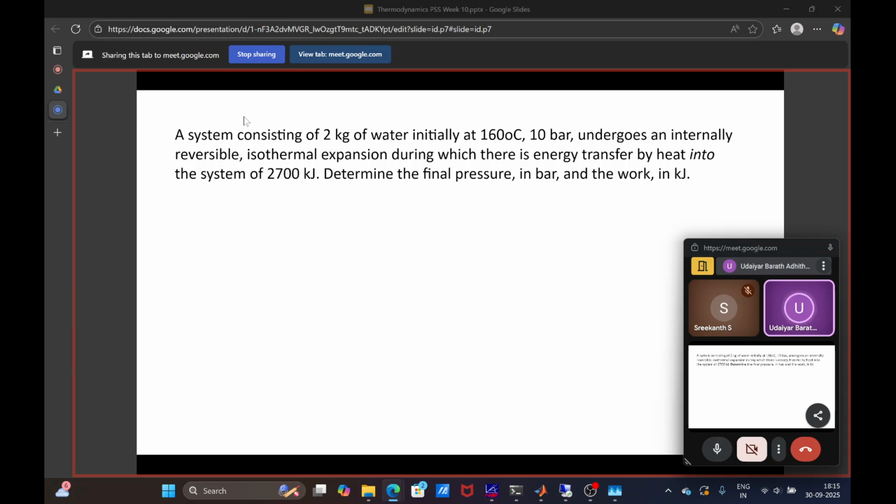What else is given is the initial condition. We have 2 kg of water, initially at 160 degrees Celsius and 10 bar. During this process, heat is being added, around 2700 kilojoules. We need to find the final pressure and the work done.